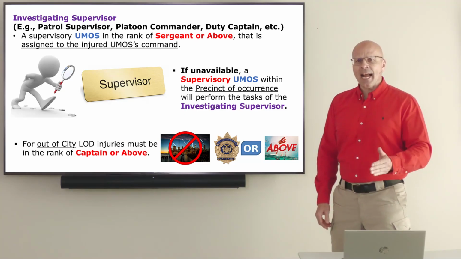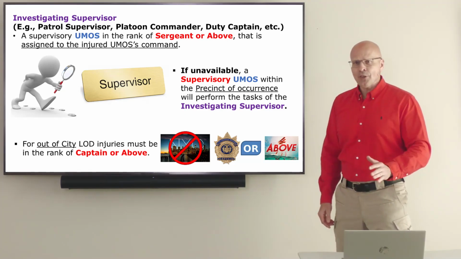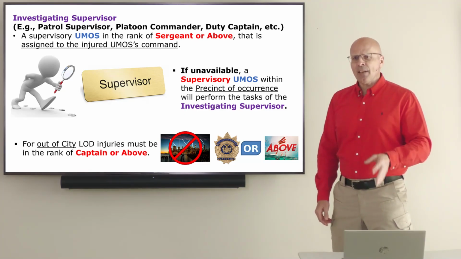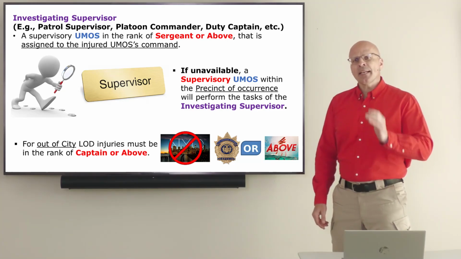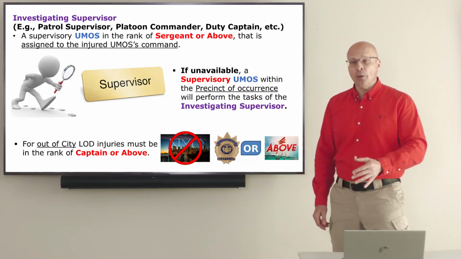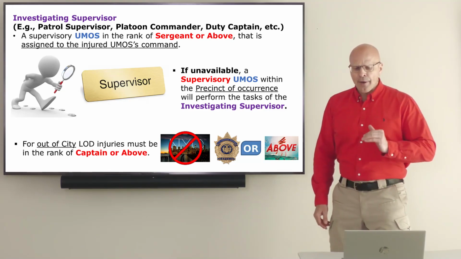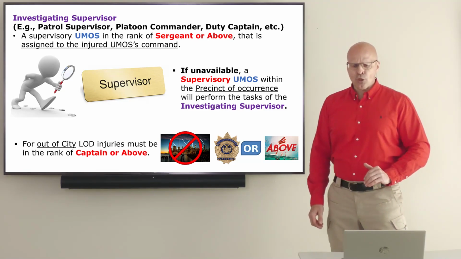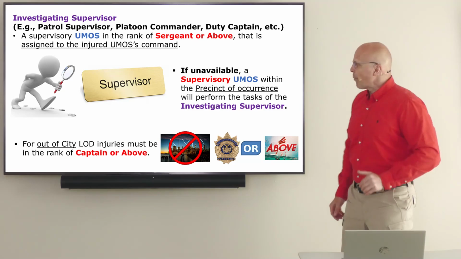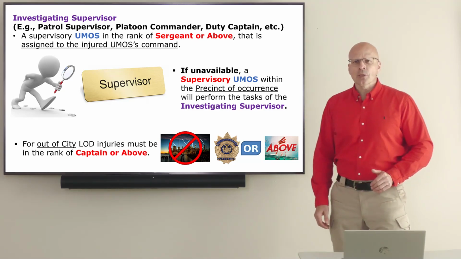What happens if that detective bureau officer gets injured in the 81st precinct, but the detective bureau supervisor, sergeant or above, is unavailable? Then it falls back on a supervisory uniformed member of service from the precinct of occurrence.